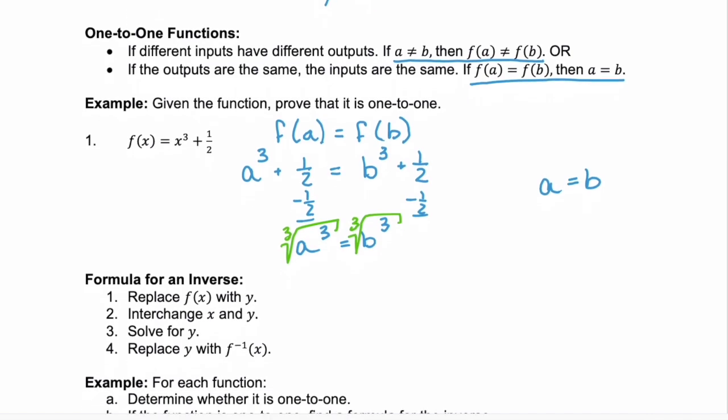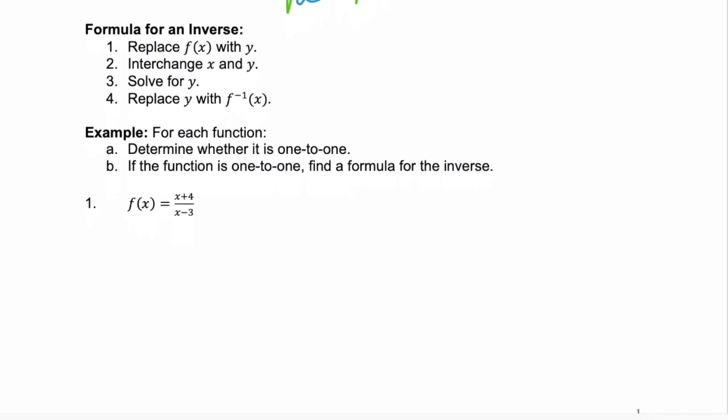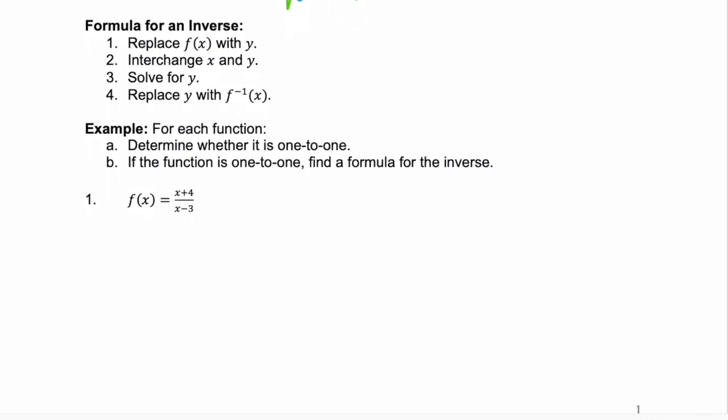Now let's look at an example of finding the formula for an inverse. So above, we found an equation for the inverse relation, and we just exchanged the variables. To take it one step further and actually find f inverse of x, you need to keep on simplifying until you get to y equals. So first we would need to determine if this is one-to-one.